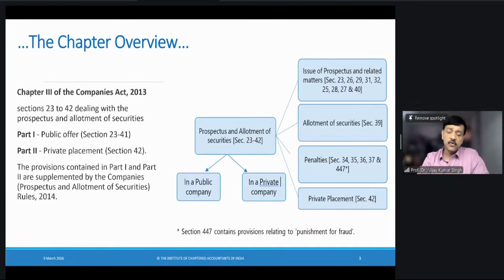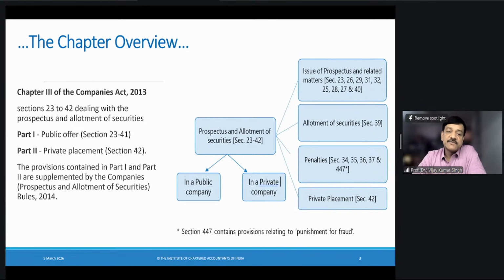If we look at the chapter overview and see how this chapter is arranged, we are dealing with chapter 3 of the Companies Act 2013. Chapter 3 has sections 23 to 42, and they deal with prospectus and allotment of securities. If you want to bifurcate them, they are in 2 parts. Part 1 discusses the public offer, that is sections 23 to 41.